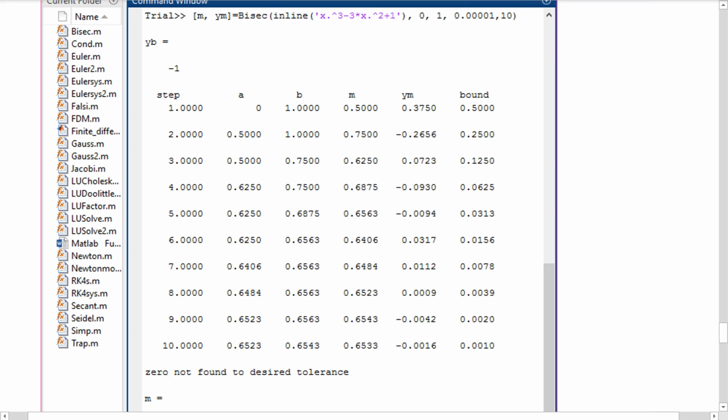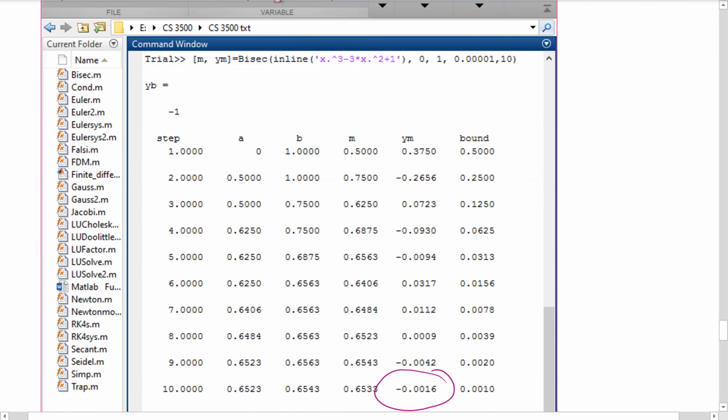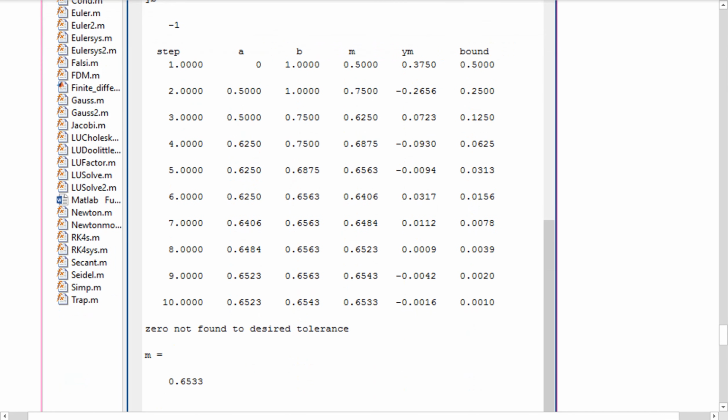Here you see zero not found to the desired tolerance, because our YM is negative 0.0016 but our tolerance is set to be 0.00001. That's why zero is not found within the tolerance. But you can increase the number of iterations. You can do 100 steps or 1,000 steps. Eventually, we will get the desired tolerance.